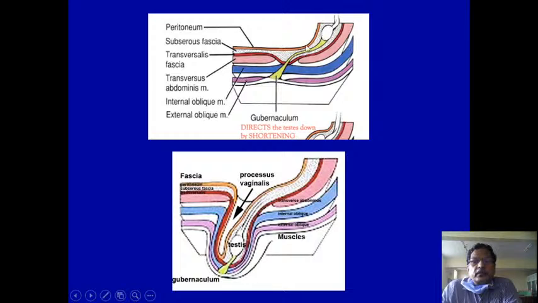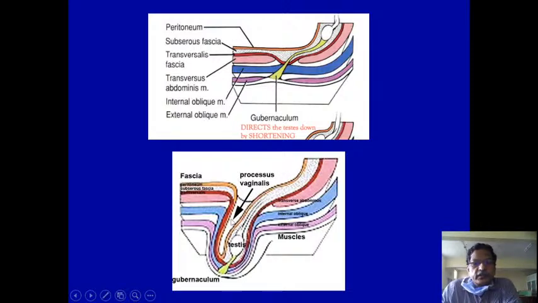For this to happen, there should be an opening. Initially there is no inguinal canal itself. What actually happens is, adjacent to this gubernaculum, the peritoneum evaginates into a process. We call that process the processus vaginalis. This peritoneal process evaginates and makes a canal. When it passes through the abdominal wall completely and forms an outpouching, we call it scrotum.